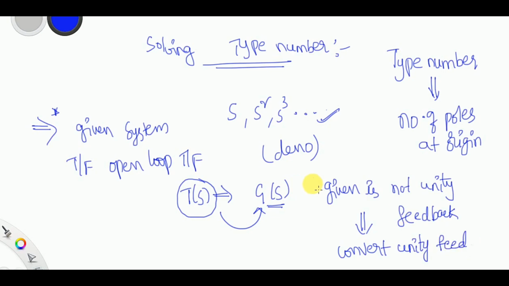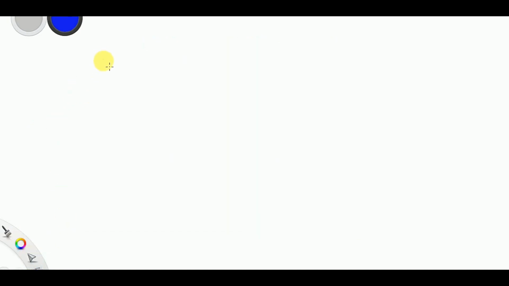If you can understand these two points, then you can solve any problem regarding type numbers. So let me solve the first example: given T of s equal to 2s plus 3 by s square plus 6s plus 3.